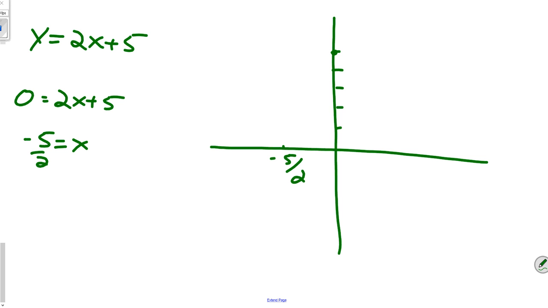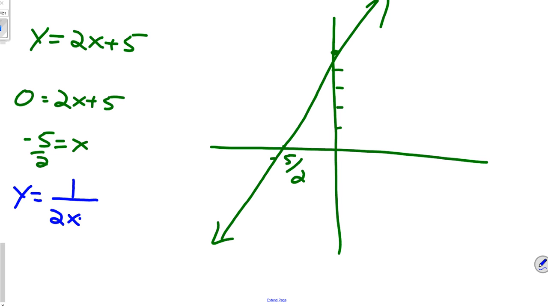So my graph would look like this normally. That's bad. That's better. Okay. But now, if I wanted to graph the reciprocal of this, it takes your big numbers.